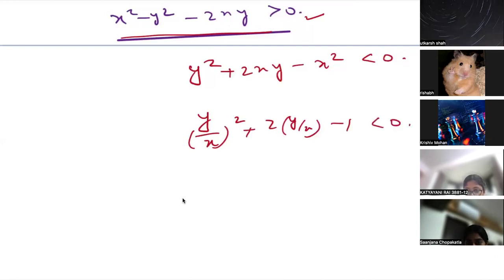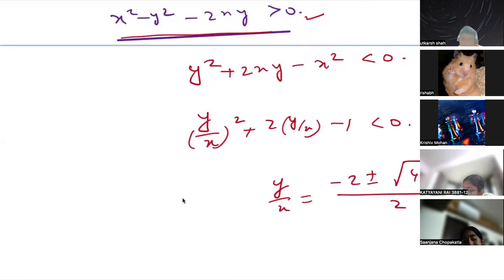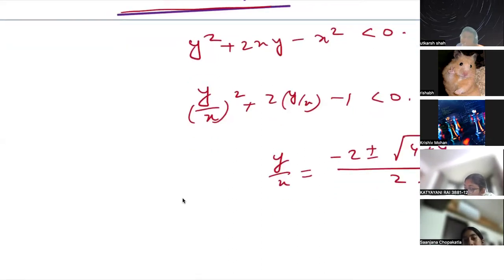Right? For the equality sign, we know y by x is equal to minus b plus minus under root of b square minus 4ac, by 2a. So y is equal to minus 1 plus minus root 2, into x, right?